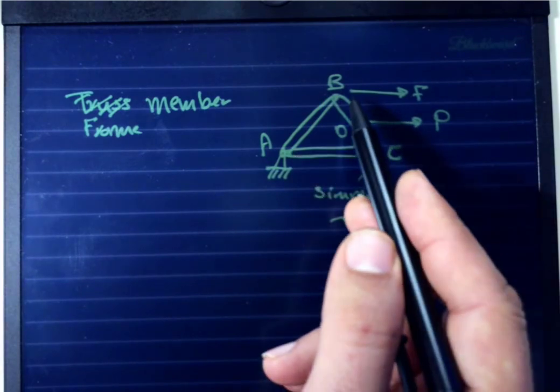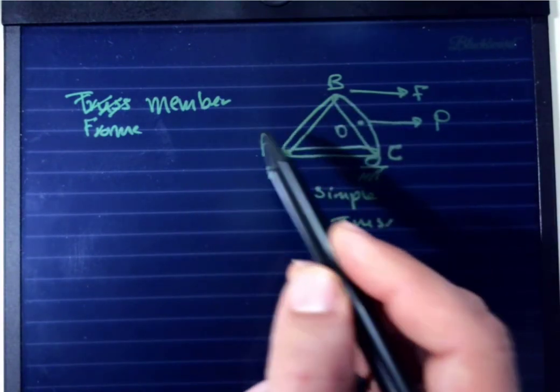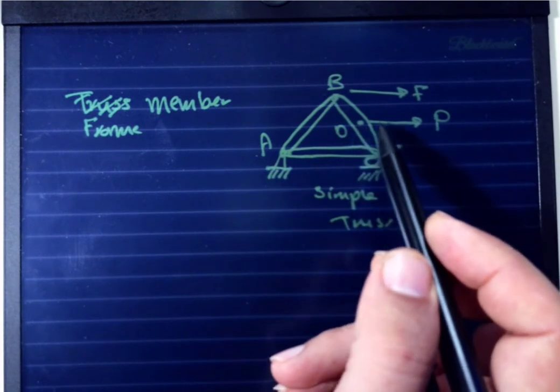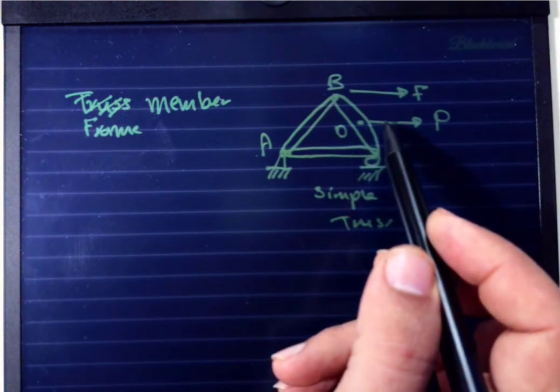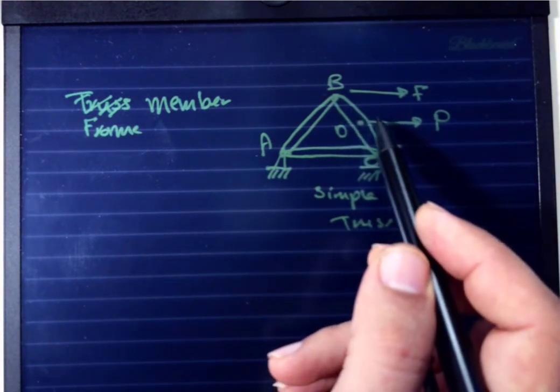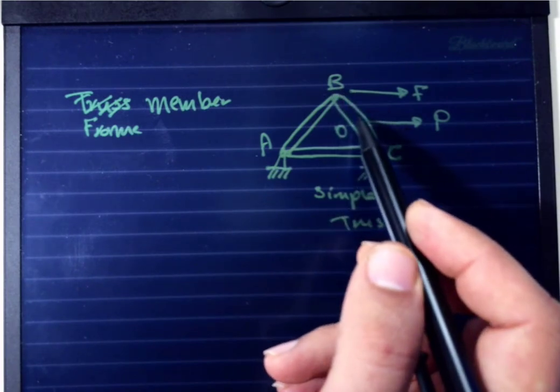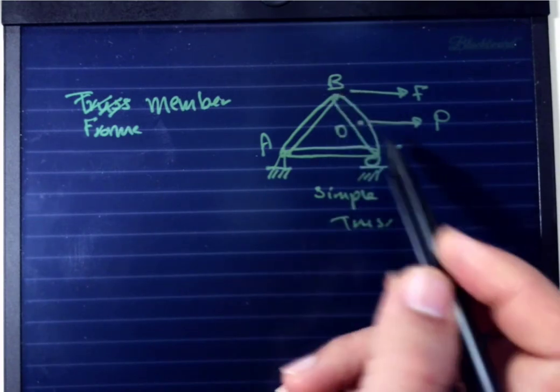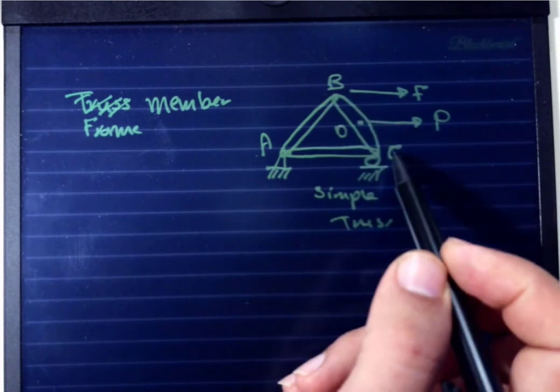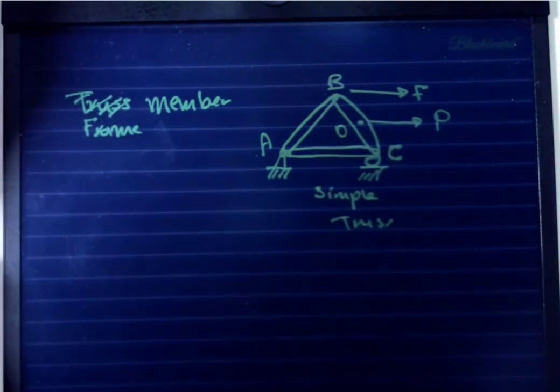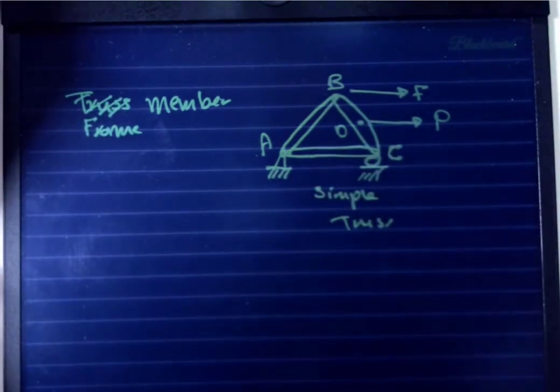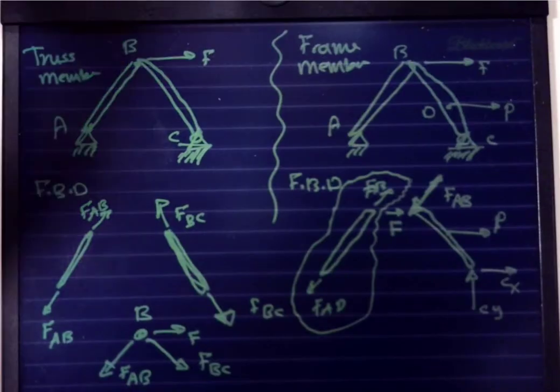However, in the frame members, the member that has a force or reaction force in between will no longer have a known direction at the end joints. So let's explain that in more detail.